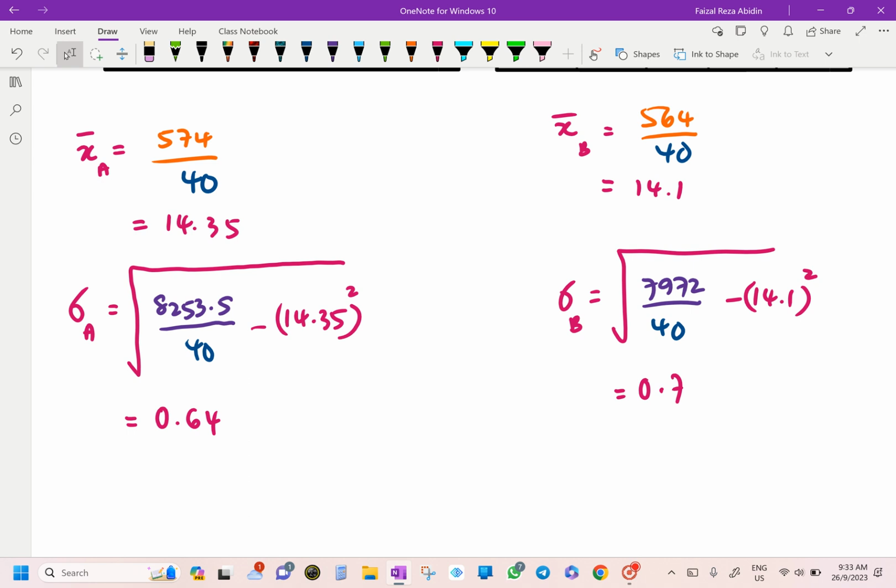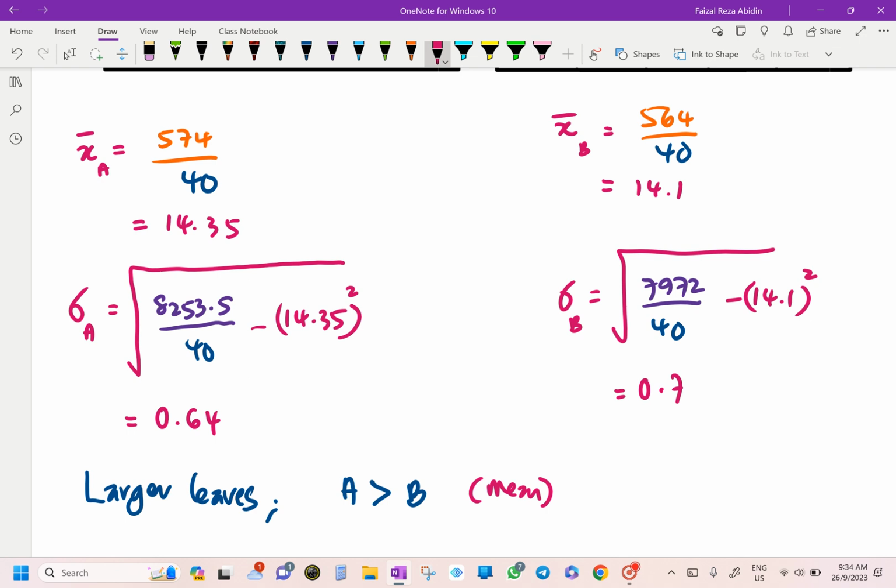So A is more than B, and we look at our mean.